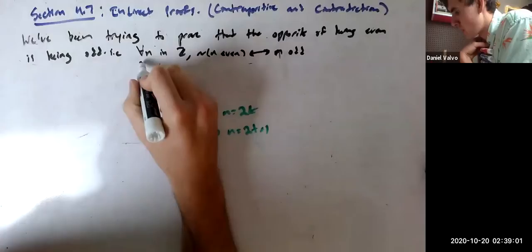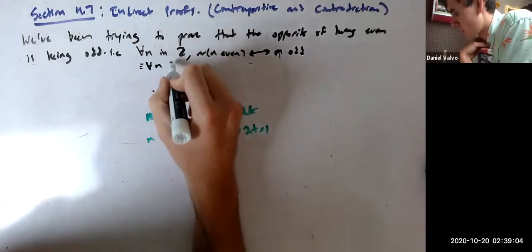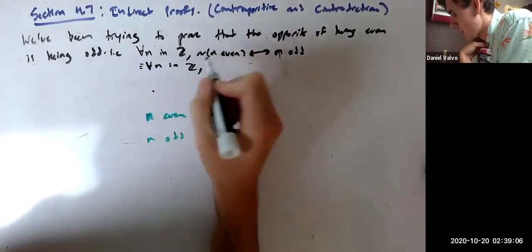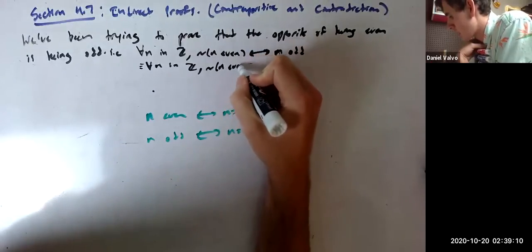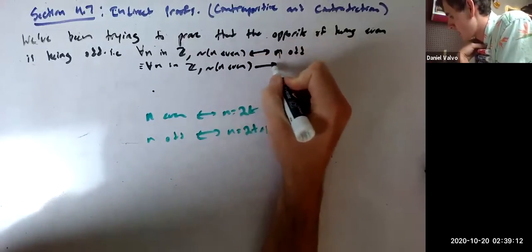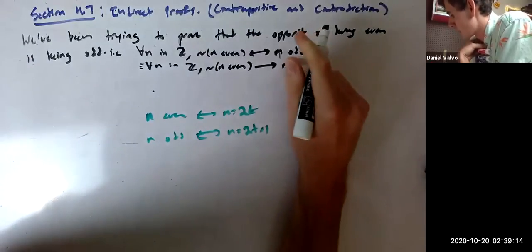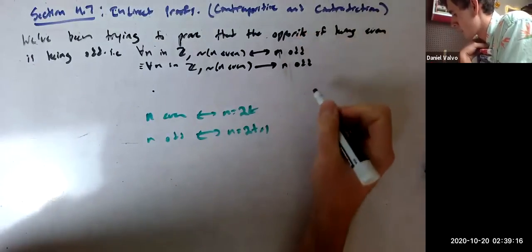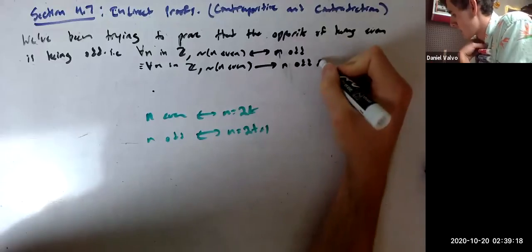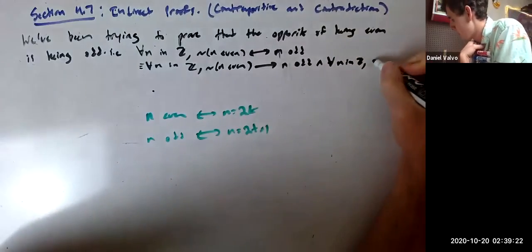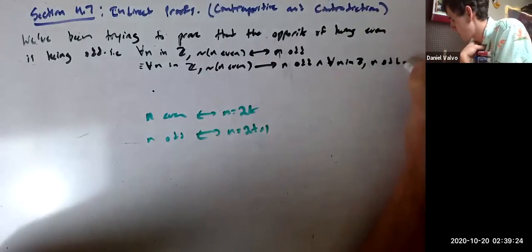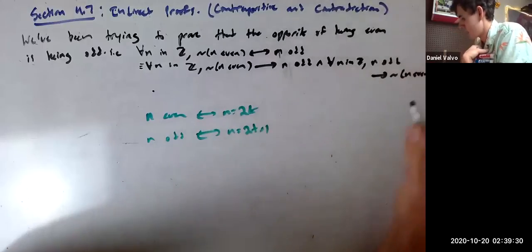Well, first of all, note this breaks down into saying that for all n in Z, not n even implies n is odd. And for all n in Z, n odd implies not n even.